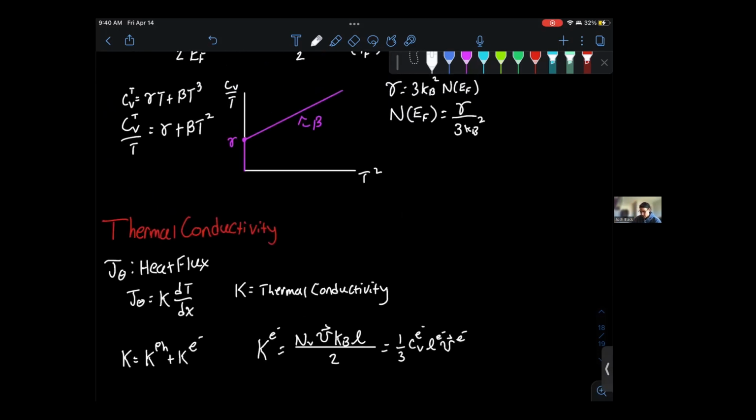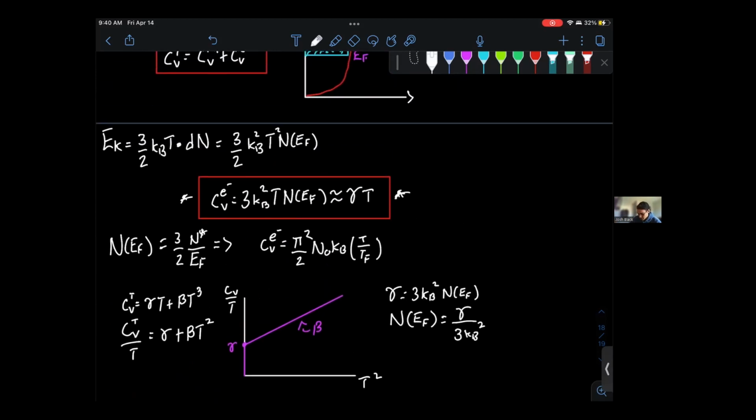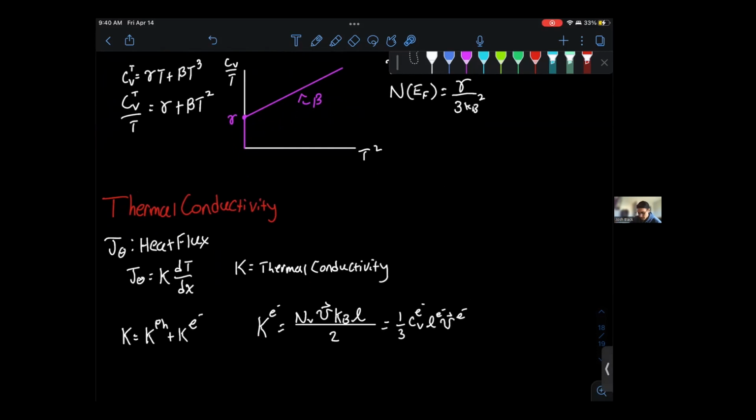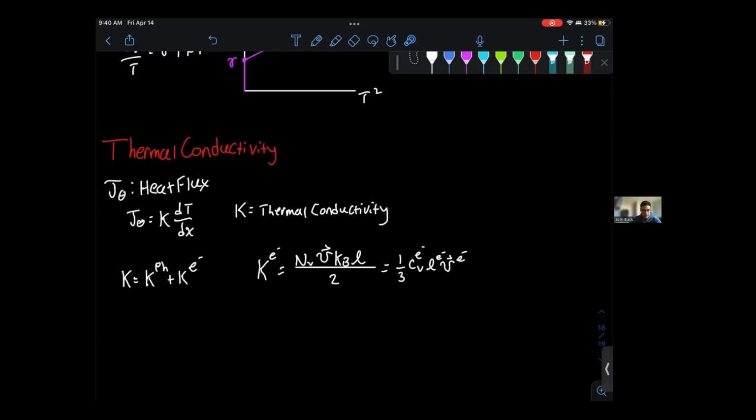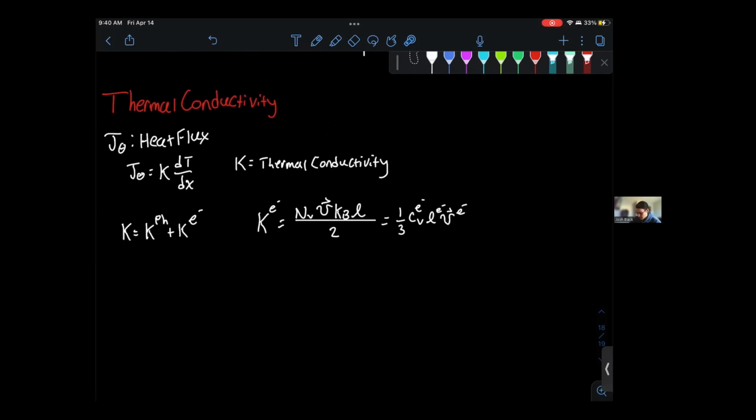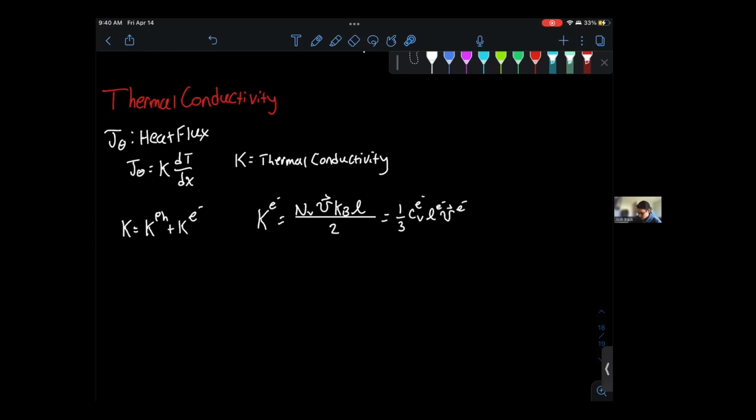This is because if you take a look at our term for electrons here, it is 3 kb squared T times N. If we plug in our specific heat capacity for electrons, it's the same thing. It's very similar. The term that we use for the most part is this one here. The same for phonons.